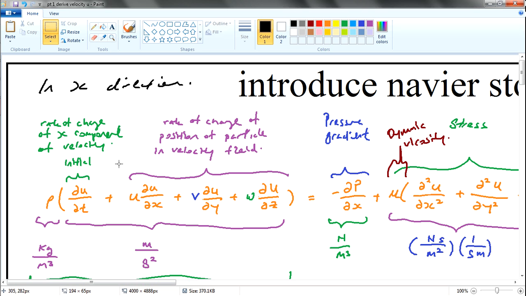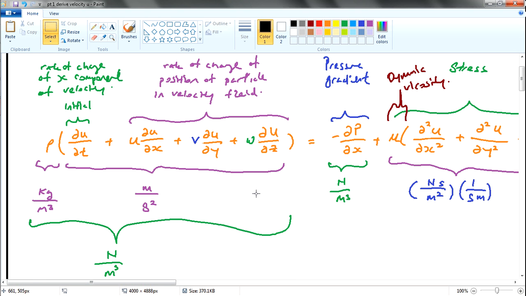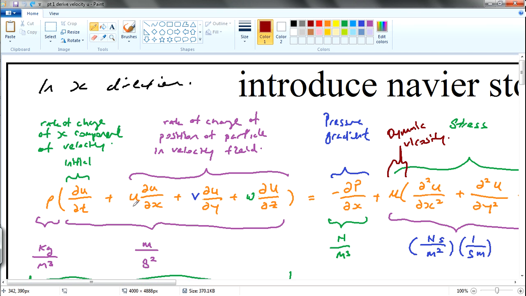Similarly, this portion over here is the rate of change of the position of the particle in the velocity field. It's the same thing. So I'm just going to derive the SI unit. u is meter per second, right? This u over here. So meter per second multiplied by meter per second, divided by meter, right?